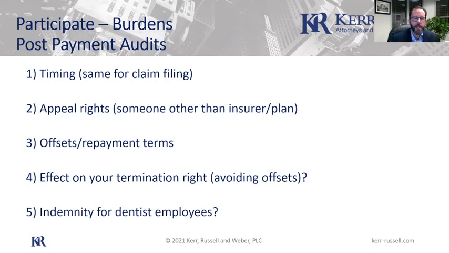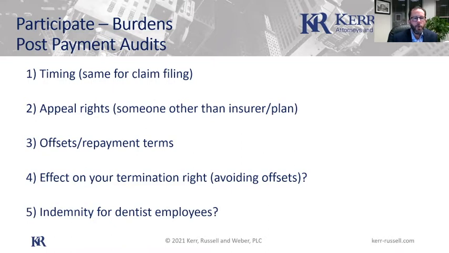They shouldn't have been rendered. Or they were appropriate, but they were provided below the standard of care. Or for some other reason, they shouldn't have to pay for those services. What are your rights to appeal those determinations? That's number one.